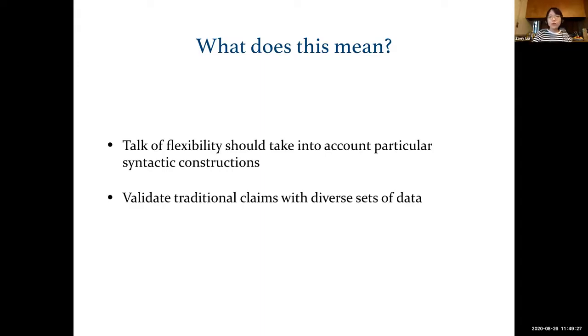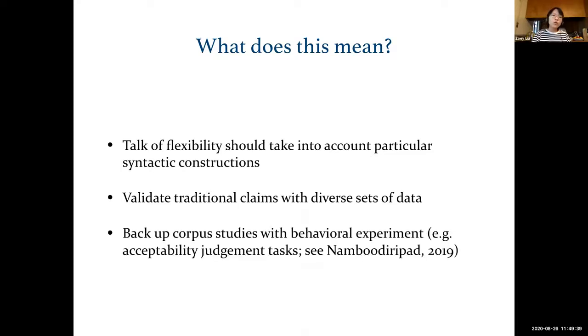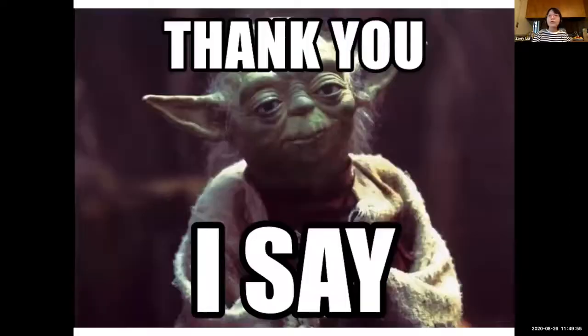And if we want to make typological claims, we should also support them with diverse sets of data from different registers. And also, it would be nice to see whether the corpus findings could be supported by behavioral experiments, for example, the acceptability judgment tests to measure flexibility as advanced by Sauvi. That's all. Thank you.